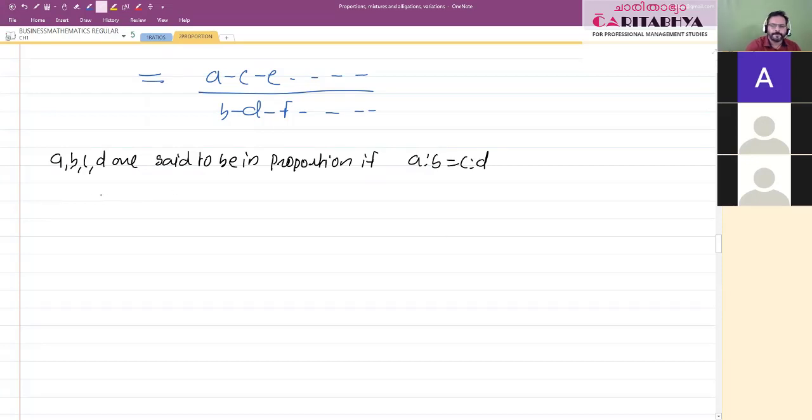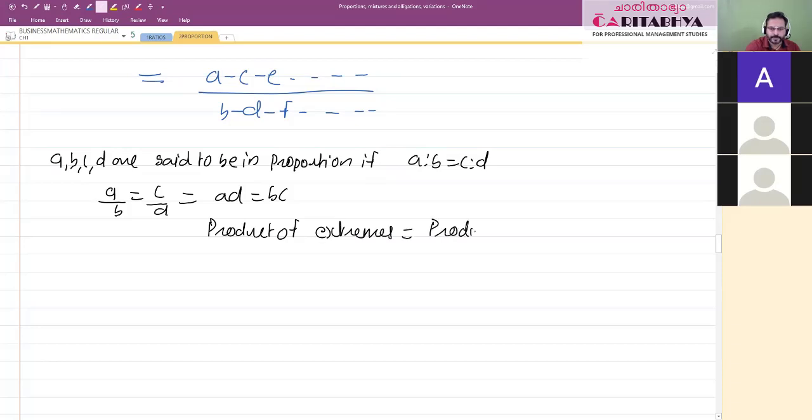So നമുക്ക് എന്താണ്? A by B equal to C by D. That implies AD equal to BC. First property one, product of extremes is equal to product of means. First set of problems solve using the product of extremes equal to product of means.